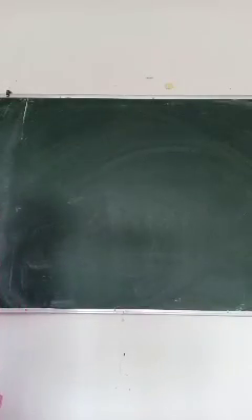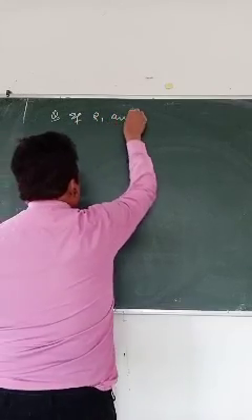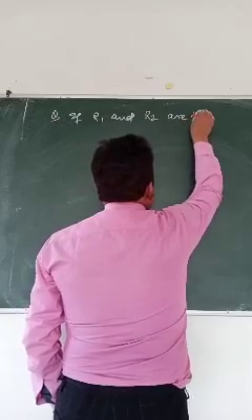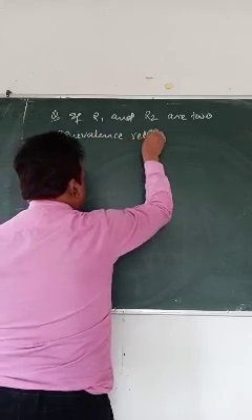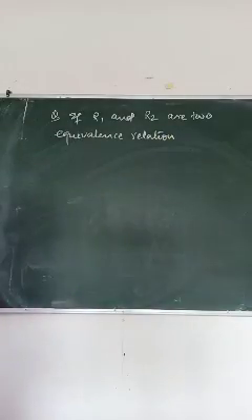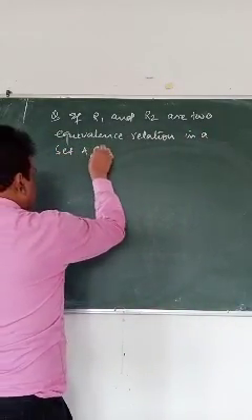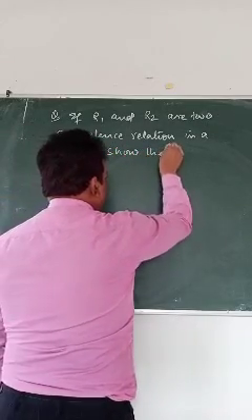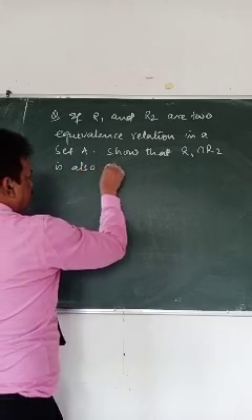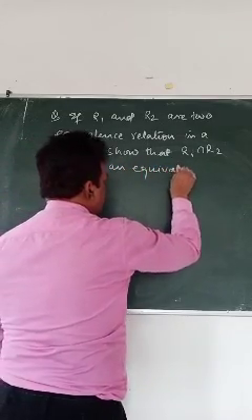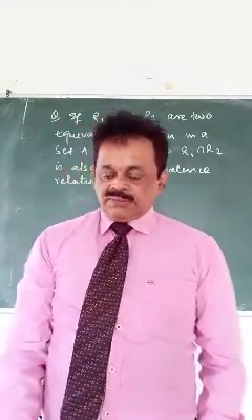That is, if R1 and R2 are two equivalence relations in a set A, show that R1 intersection R2 is also an equivalence relation. Okay, this is one interesting question. We have to check it.